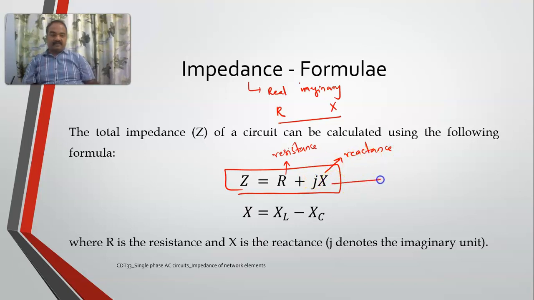This reactance can be of XL and XC, so I'll take it as XL minus XC, where XL is inductive reactance and XC is capacitive reactance. Hope you have understood these things.